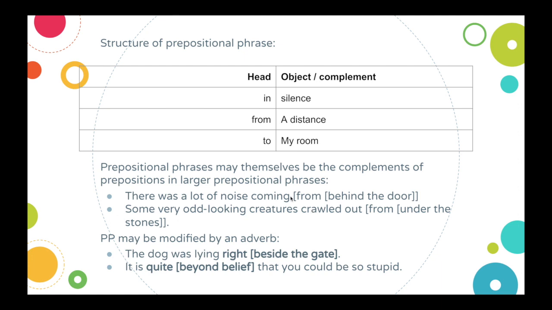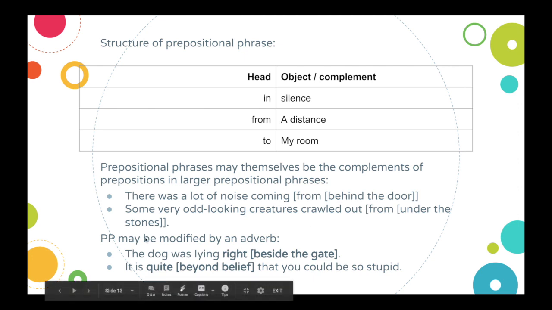For example, there was a lot of noise coming from behind the door. So we first got a prepositional phrase, from behind the door, and then underneath it there's another prepositional phrase which is behind the door. Or for example, like this, from under the stones. We got the first prepositional phrase which is from under the stones, and then the other one which is under the stones.